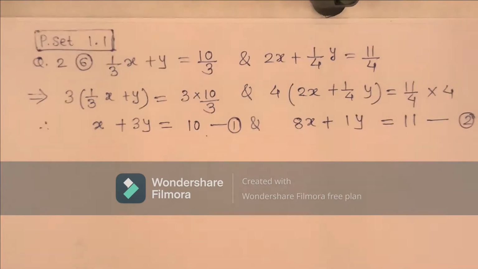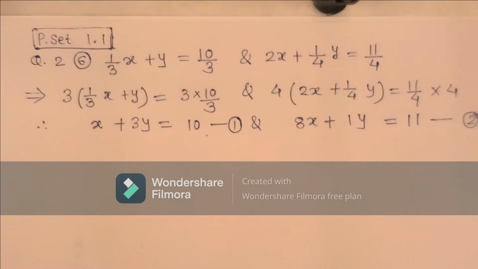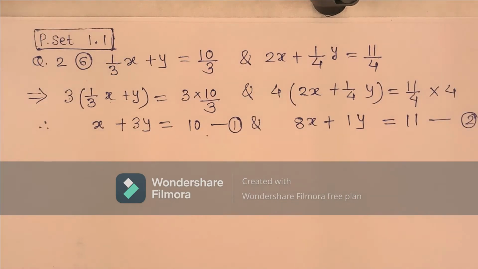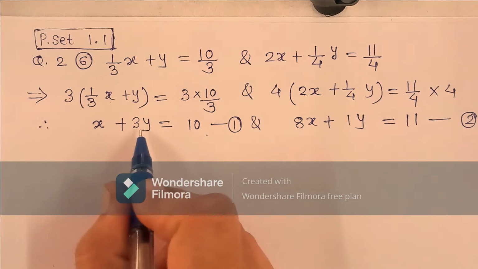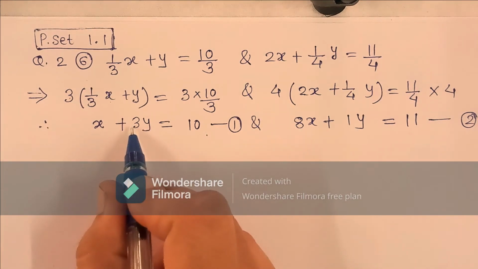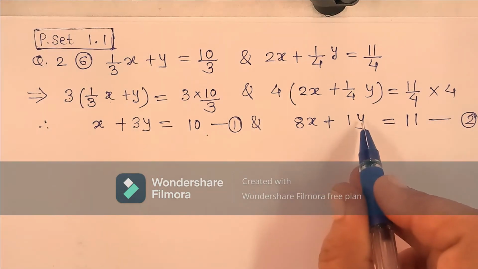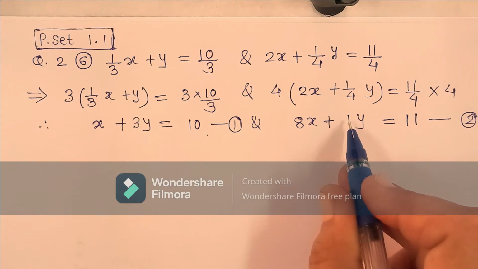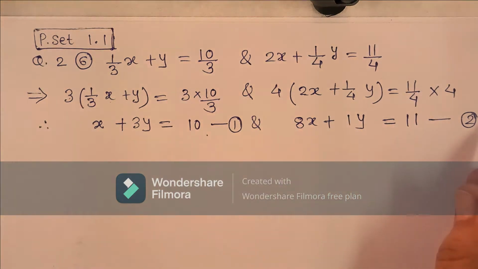So if we will observe these two equations, it is convenient to make the coefficients of y same. So here x plus 3y is equal to 10. In first equation coefficient of y is 3 and in second equation coefficient of y is 1. So we need to multiply equation second by 3.